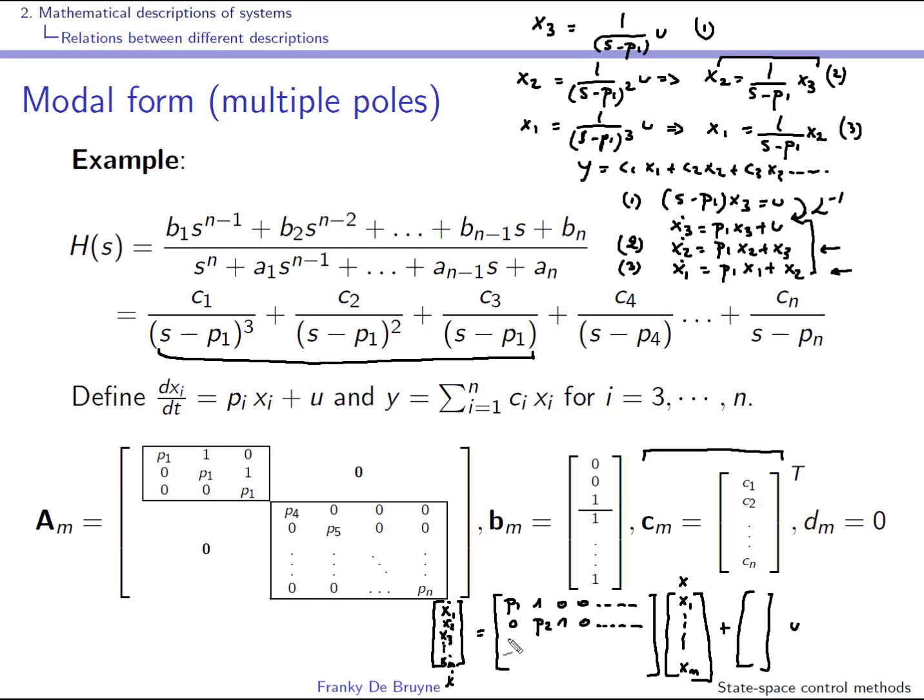The third equation here, x3 dot, is, well, it's p1 over here, of course: 0, 0, p1, 0, plus U, so here we had zeros, zeros, and here we have a 1. Okay, and for the other states, it's as before, so you have on the diagonal the poles and zeros everywhere and ones coming in.